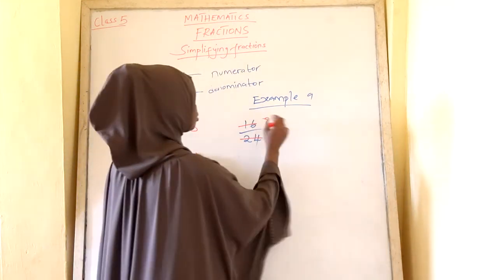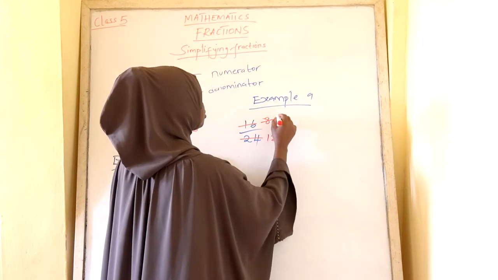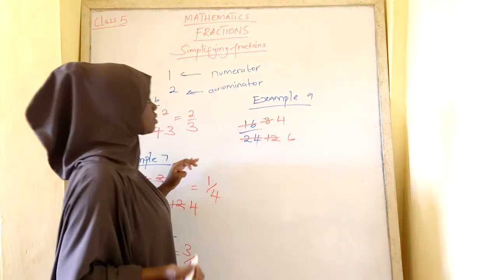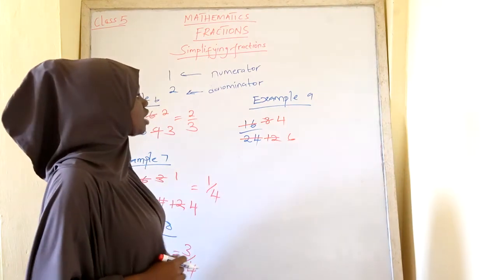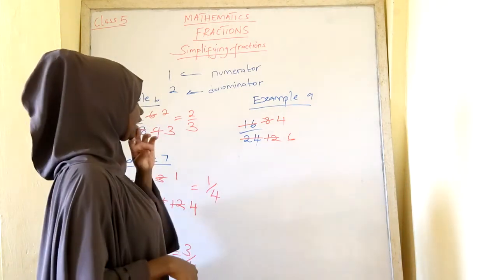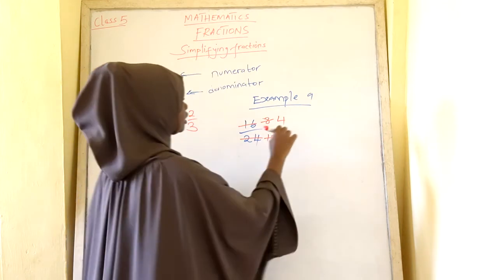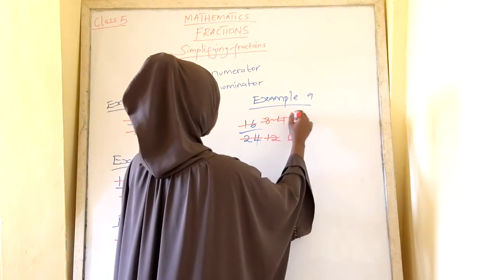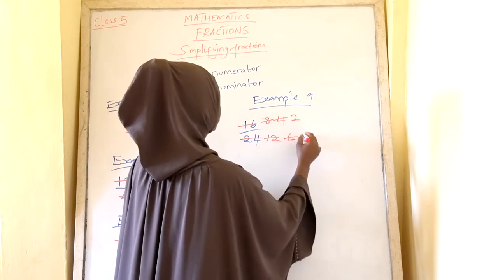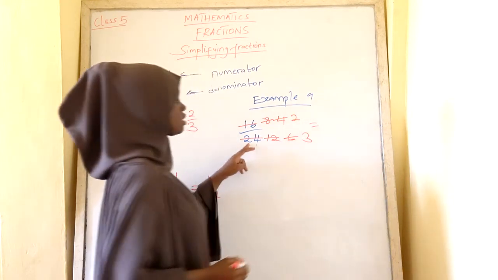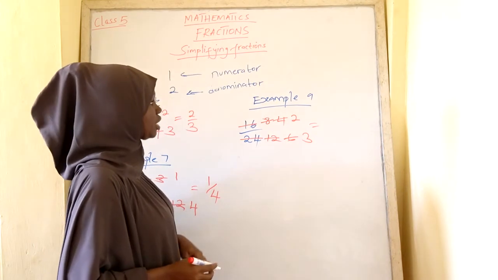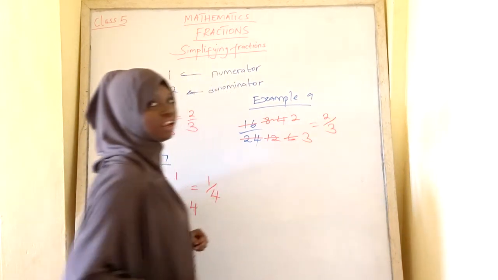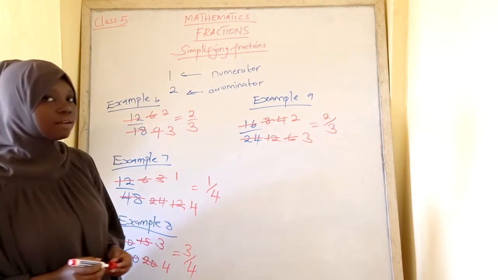Let us divide, that is 2. So 8 by 2 will be 4, and 12 by 2 will be 6. So 4 over 6, we can simplify it further. The common divisor will be 2. So 4 by 2 will be 2, and 6 by 2 will be 3. So 16 out of 24 in its simplest form will be 2 out of 3. I hope that is also clear.